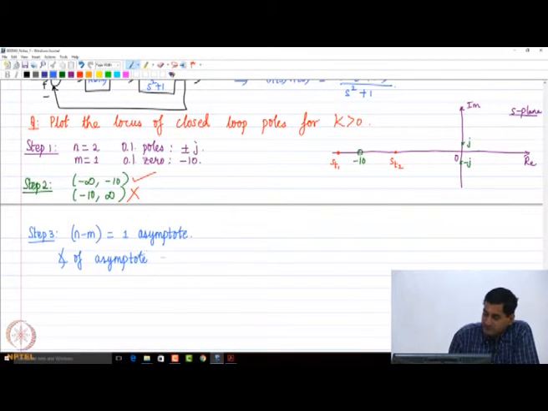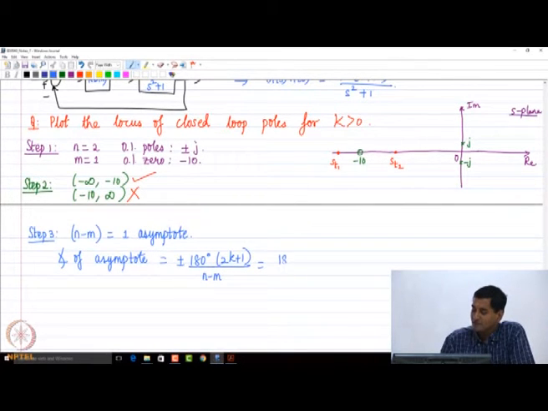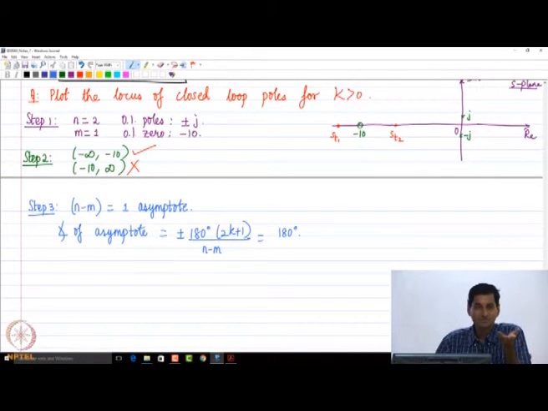That is equal to plus or minus 180 degrees times 2k plus 1 divided by n minus m. That essentially becomes 180 degrees, because n minus m is only 1. So, I need only one angle, which is 180 degrees. You can call it plus 180 or minus 180, the angle will be the same.